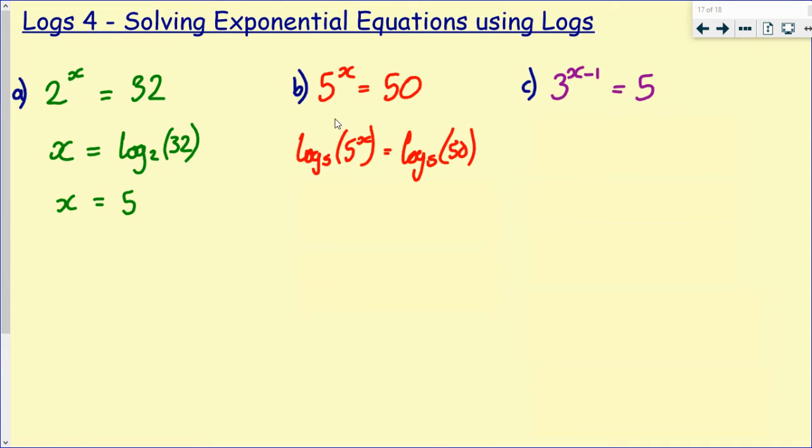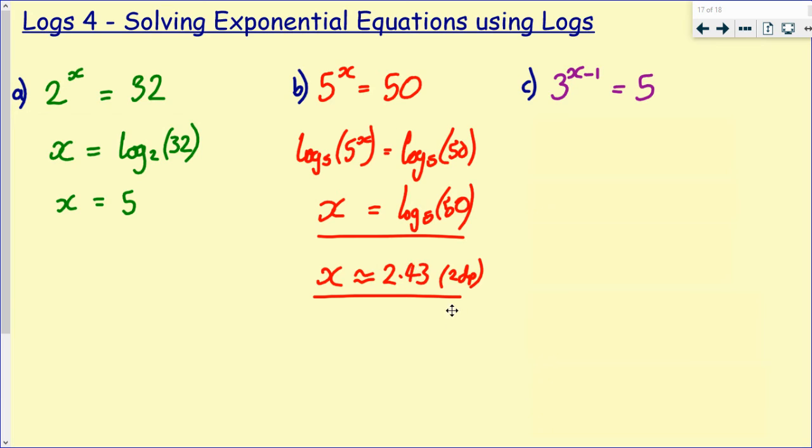Log to the base 5 of the left-hand side, log to the base 5 of the right-hand side. We can see here that we've got two inverse operations. So these two things are going to cancel. They're just going to leave us with x. But on the right-hand side, we keep all that we've got there. And now that is our answer. That's all that we have to do. Because this, a bit like a surd, is going to give us an irrational number, but we can type it into our calculator to give an approximation.